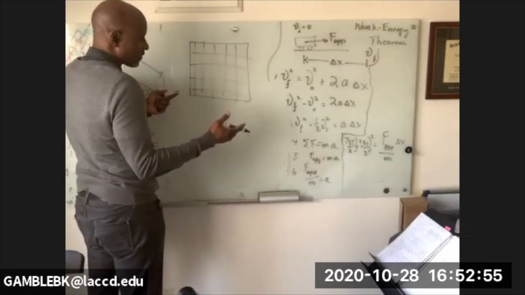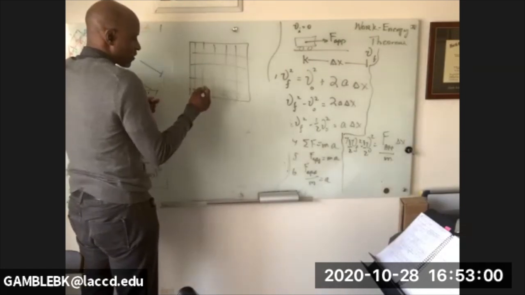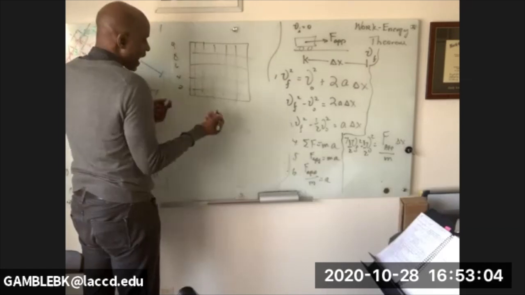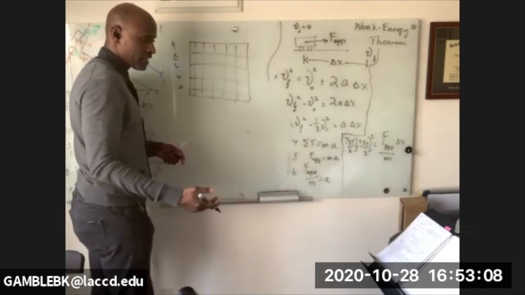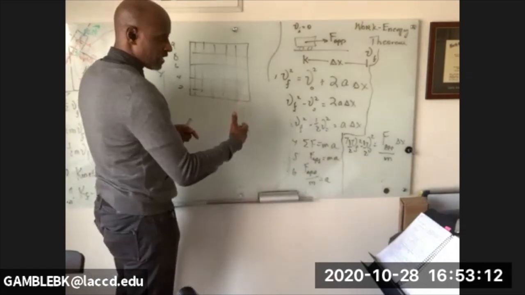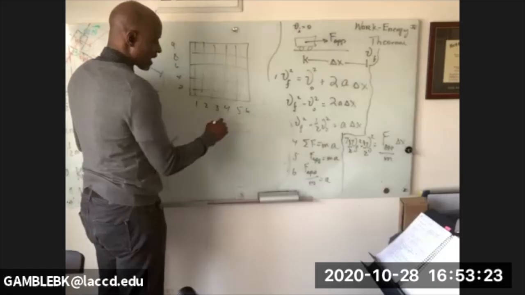So whatever your maximum velocity, maybe each of these points is like 2 meters per second, so 2, 4, 6, 8, and then time, whatever the increments, 1, 2 seconds. It doesn't have to be 1 second. Whatever the total amount of time it took, just 1, 3, 4, 5, whatever the time is.